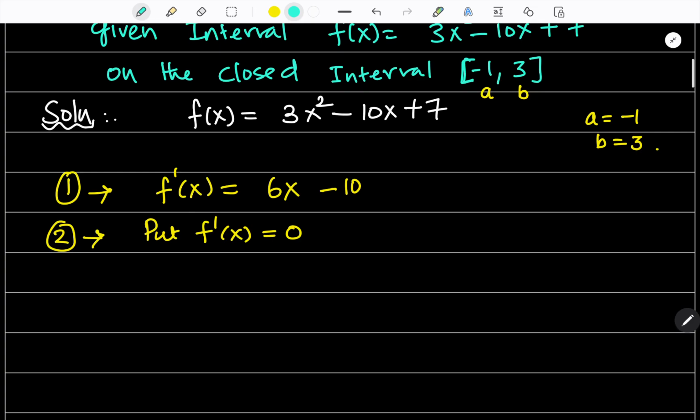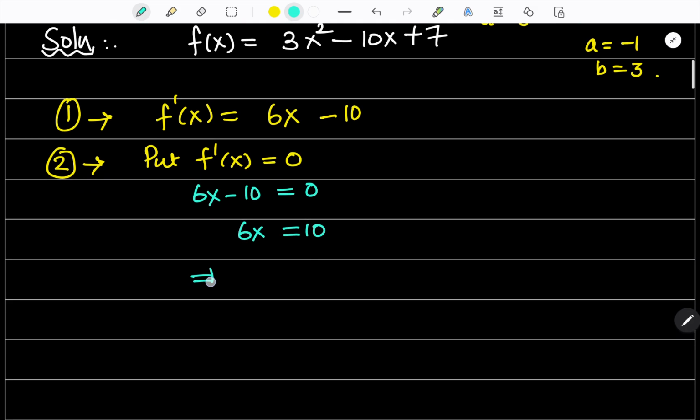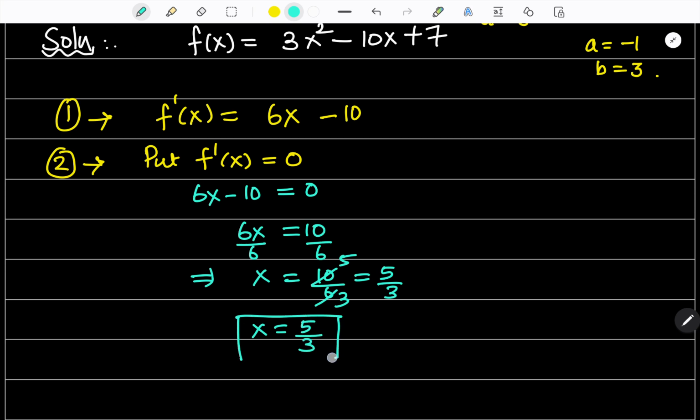So 6x minus 10 equals 0, so 6x is equal to 10. If you divide by 6, you will get 10 over 6, which is equal to 5 over 3. So x equals 5 over 3. This is step number 2.